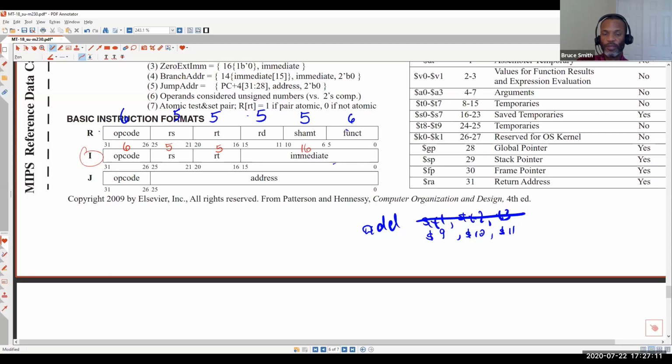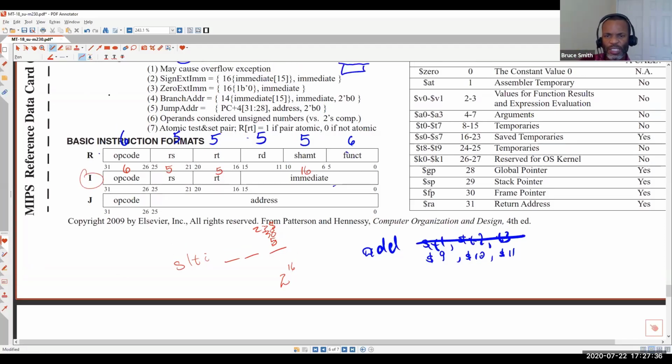We're limited as to the largest value we can represent, whether it's an 8, a 38, or a 200. The largest value would be on the order of 2 to the 16.